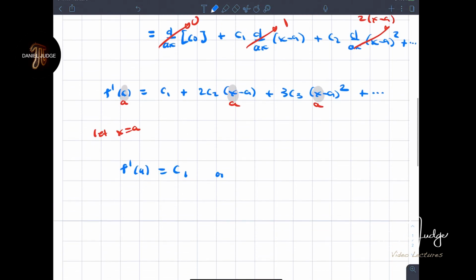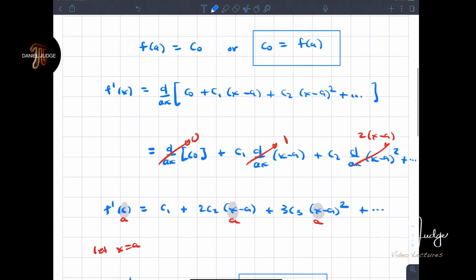Right? Or we can say c1 is simply f prime a. Okay, so that's kind of interesting as well. So we're getting an idea here of what our constants look like.